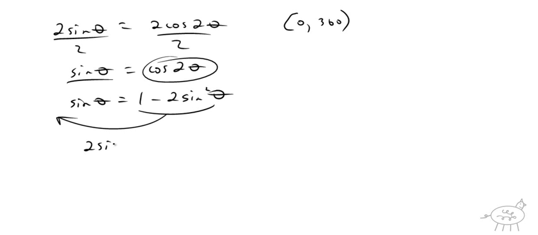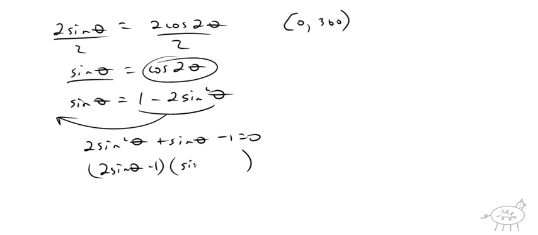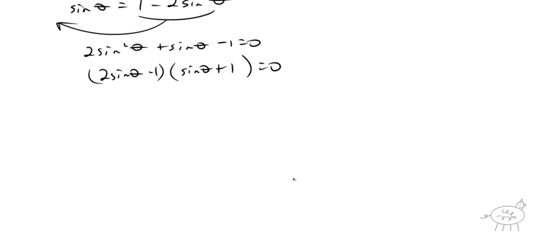So I get 2 sine squared of theta plus sine of theta minus 1 equals 0. If I factor that, I get 2 sine theta minus 1 and sine of theta plus 1. That's pretty sweet. So sine of theta is equal to 1/2 and sine of theta equals negative 1.